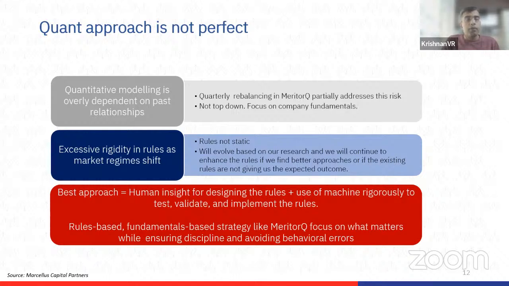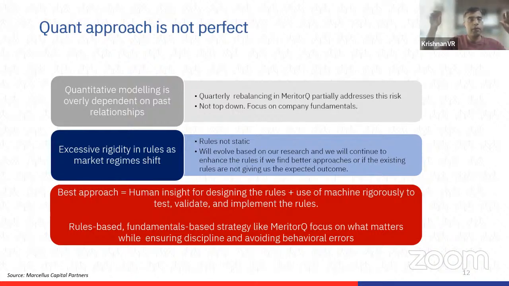But once those rules are decided, the implementation, the regular rebalancing and the creation of new portfolios is handled by the process and the system itself, right? So it is a combination of human insight as well as the machine.